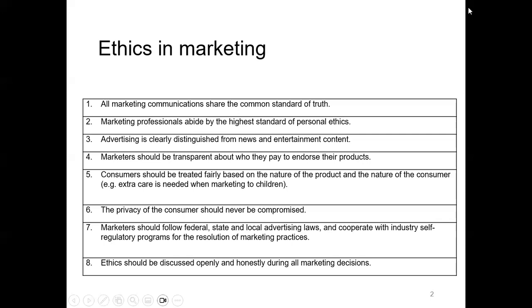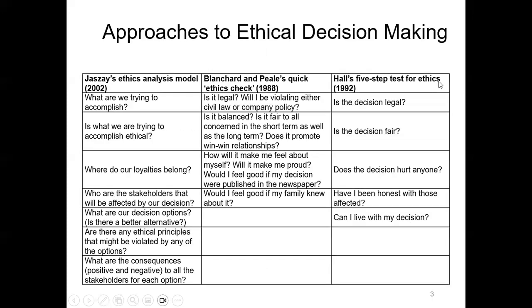Now, there are situations in which there are no clear guidelines, or, for instance, companies where there are no codes of conduct or ethical guidelines or policies. So in those cases, it's necessary to analyze and pursue some decision-making approach that helps us to have ethical outcomes.